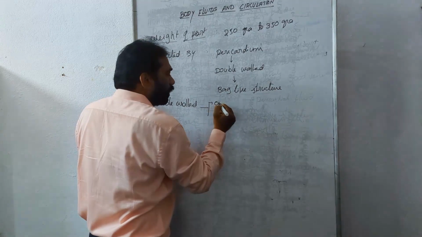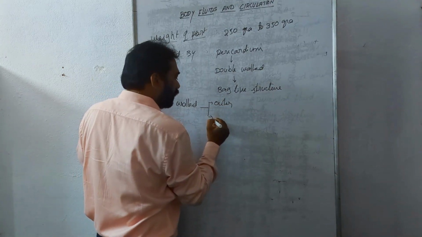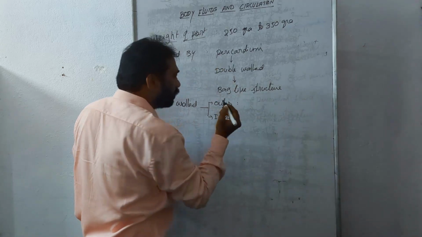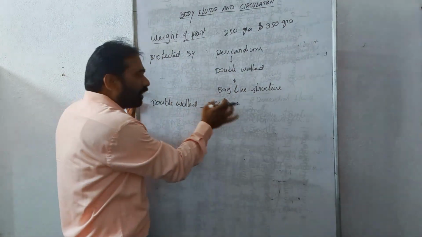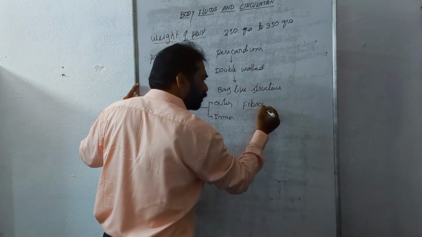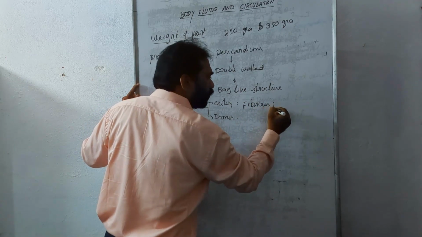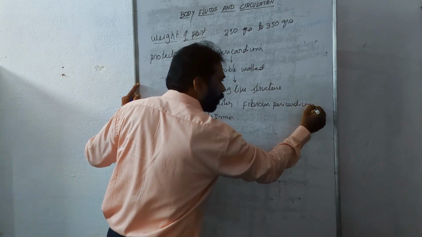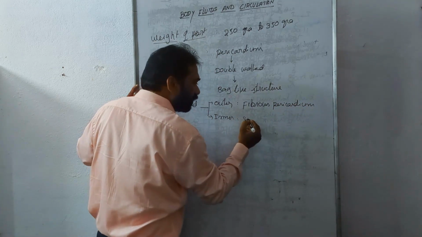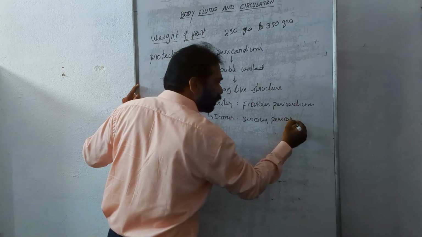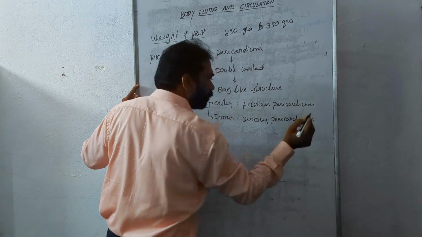This outer wall, then inner wall. What is that outer? What is that inner? Here, outer wall is fibrous pericardium. Inner, serous pericardium.